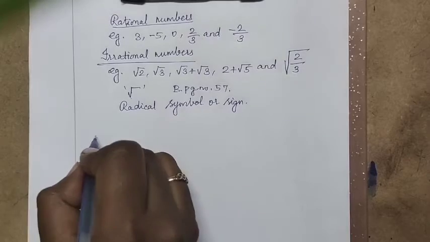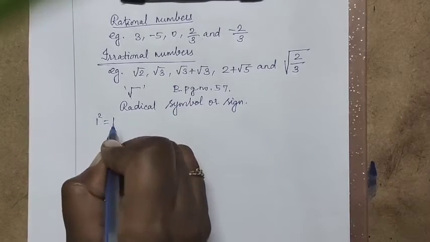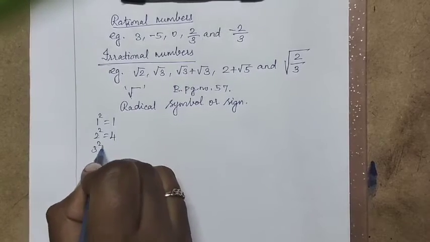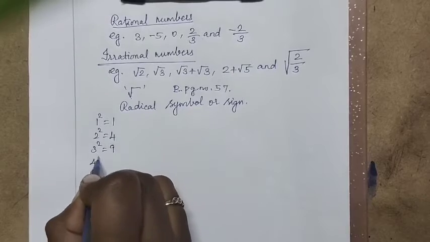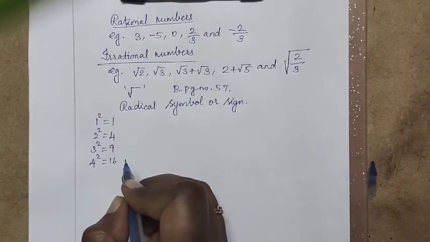Okay. You know very well 1 square is equal to 1, 2 square is equal to 4, 3 square is equal to 9, 4 square is equal to 16.